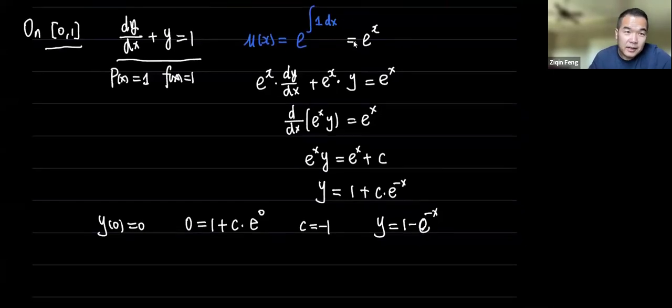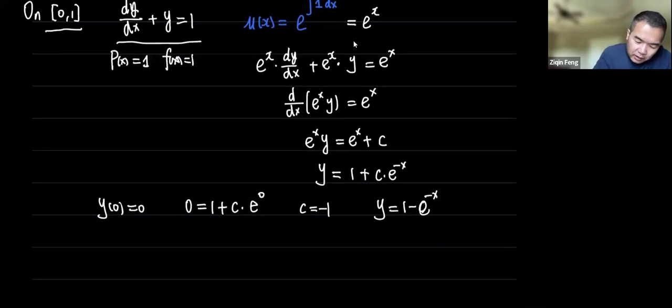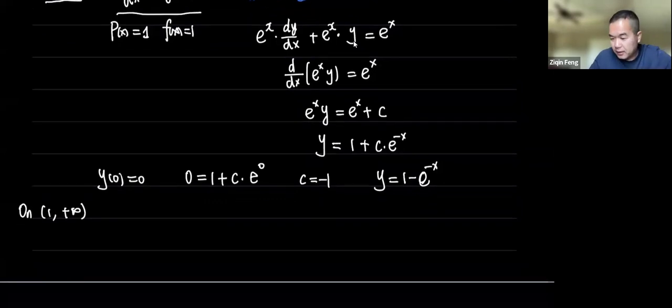Now let's go to the second half, on the interval from 1 to positive infinity. Now we have a different differential equation because f of x is different. So we get dy over dx plus y equal to 0.